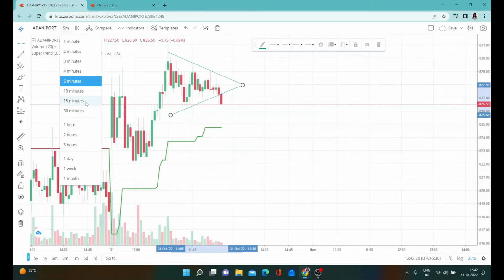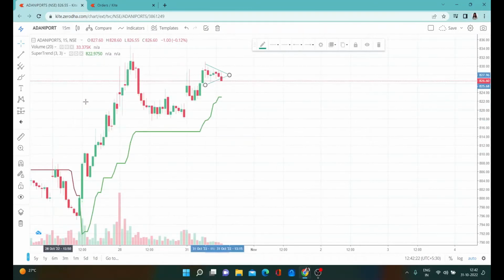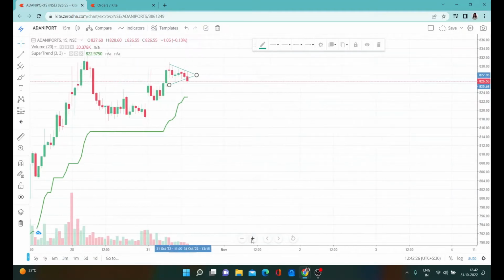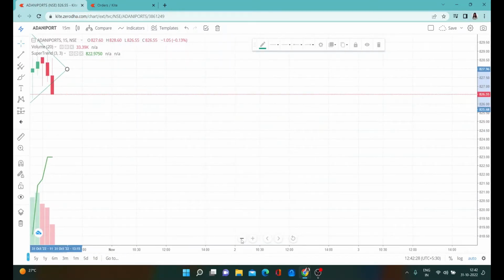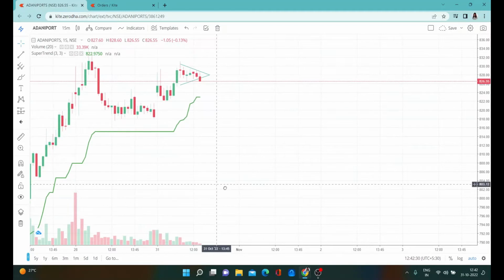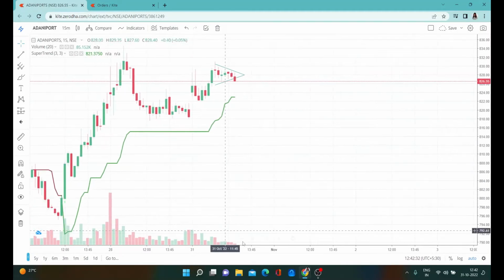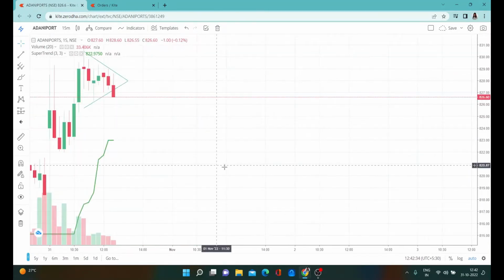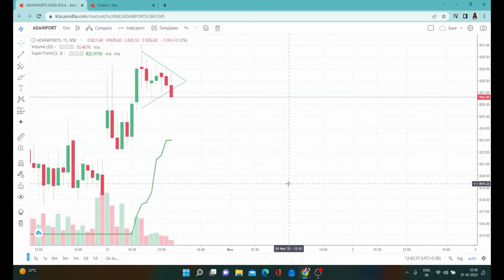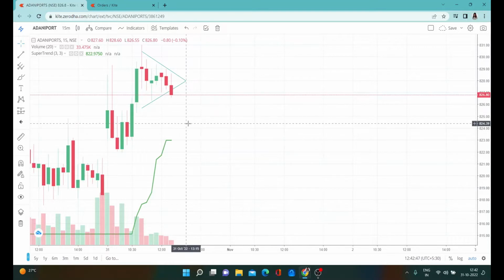Let us also take a look at the 15 minutes chart. Meanwhile, alright, in the 15 minutes chart, it has kind of formed a breakout.